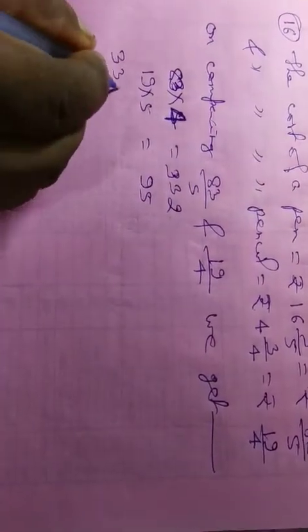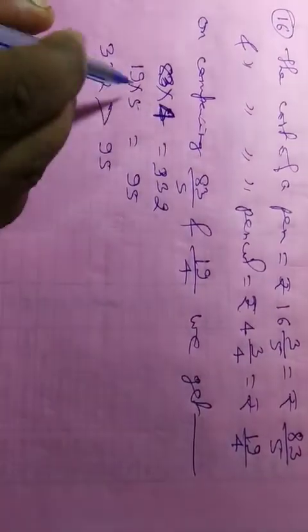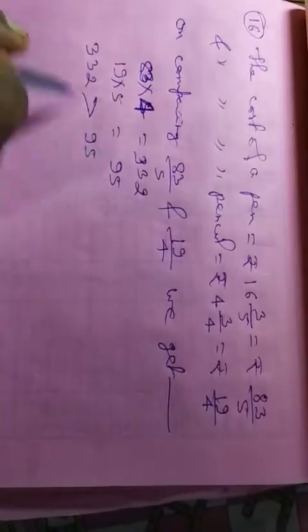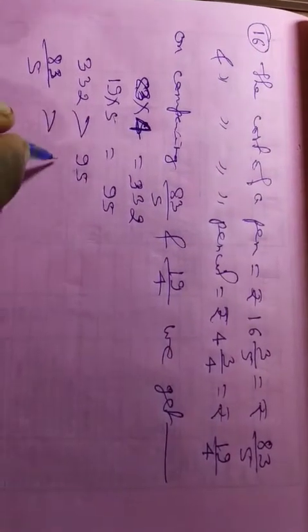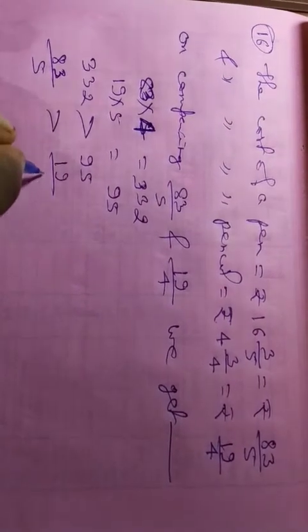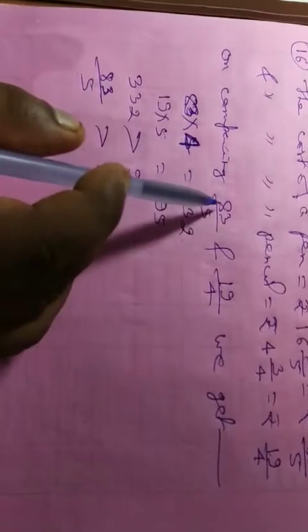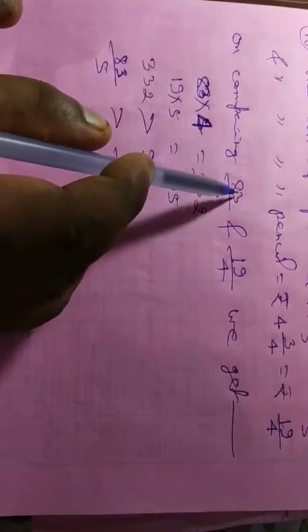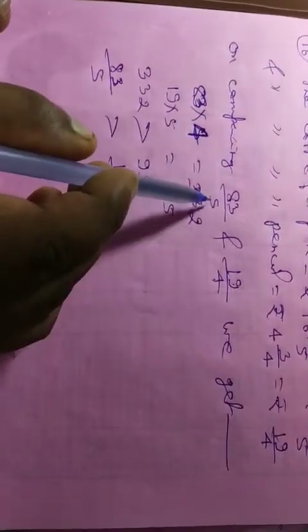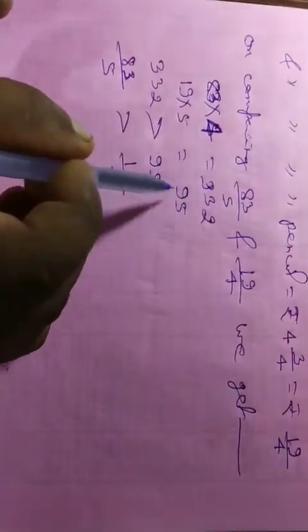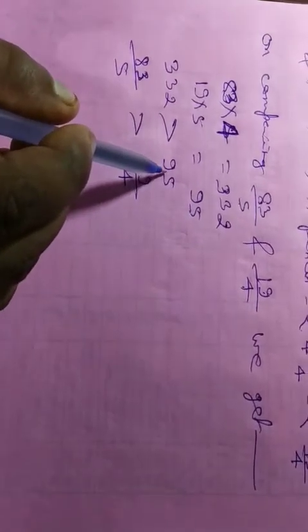Here 332 is greater than 95. So 83 by 5 is greater than 19 by 4. Students, just look here. Cross multiplying 83 with 4 and 19 with 5, we get 332 and 95. 332 is greater than 95.